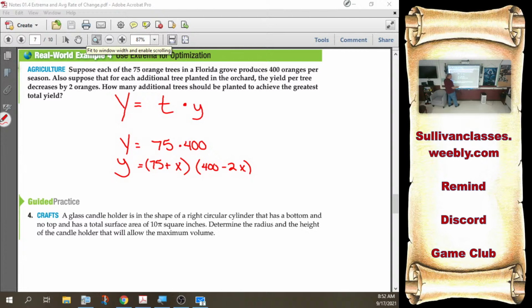You don't actually have to distribute, but if you feel like it, that's negative 2x squared, negative 150x, plus 250x plus 475... 4 by 75 is 300. Two more zeros. 30,000. Okay.